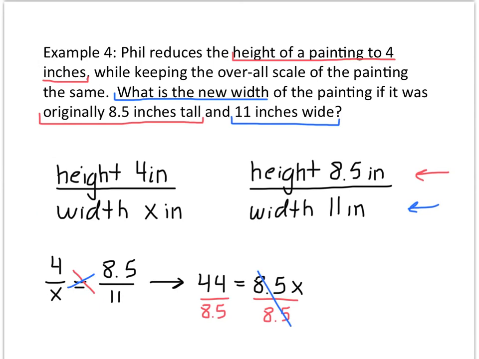And those cancel, leaving me with x is equal to, well, I have to divide 44 by 8.5, which turns out to be about 5.17 inches. And it's worth noting here that the 5.17 is the new width.